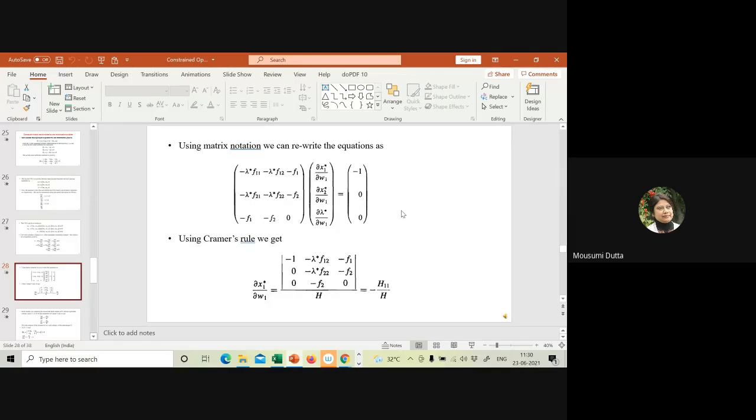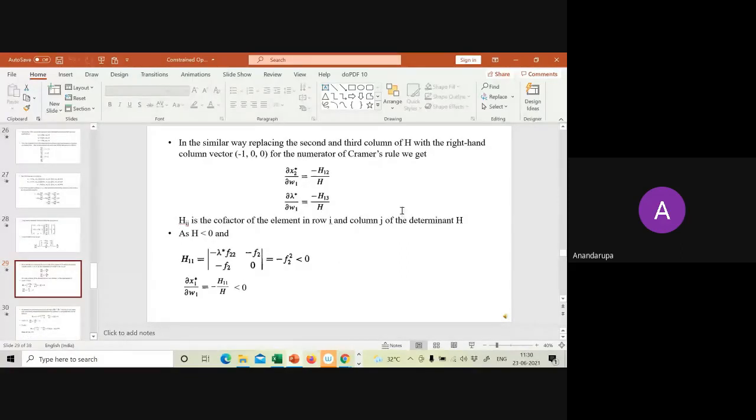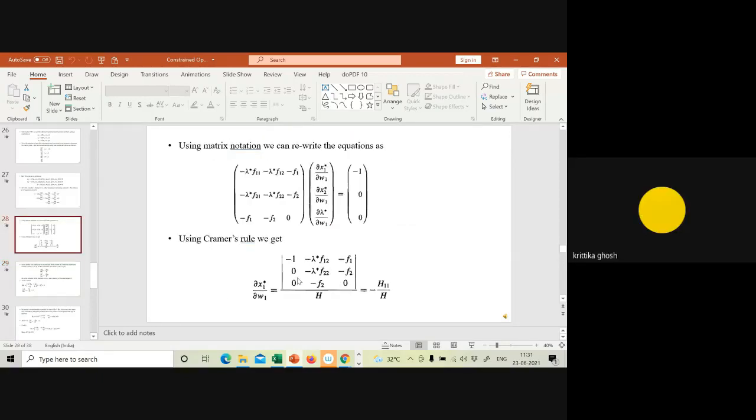Whatever you are finding, solving the numerator, write that value. Ma'am, I'm getting lambda is minus 1, within bracket lambda f1 f2. Look whether you got this one. And finally minus f2 square. The numerator will be simply minus f2 square. Yes, ma'am.